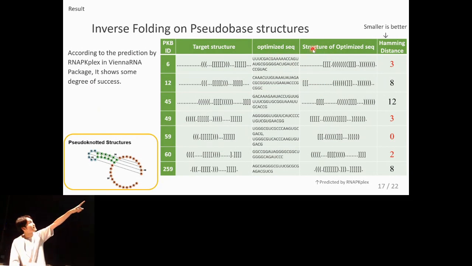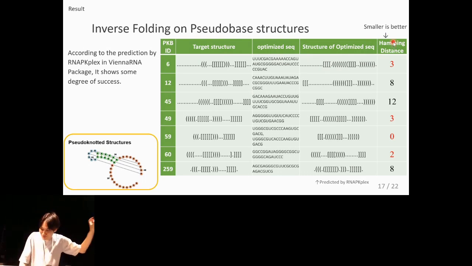And next, the structure of optimized sequence column displays the structure predicted by RNA PKplex in the Vienna RNA package. Lastly, this column presents the Hamming distance between the target structure and the structure of the optimized sequence. The smaller Hamming distance indicates the better results.